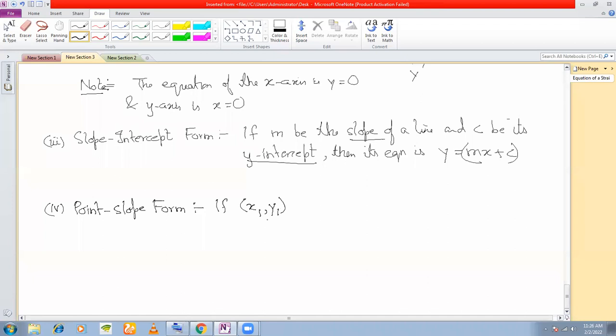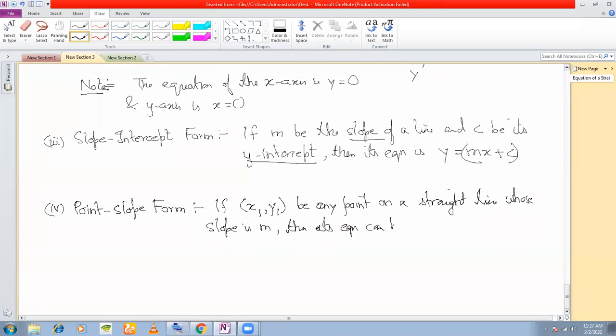If you know any point on the straight line, let's say x1 y1, and suppose you know the slope also, whose slope is m, then its equation can be written as y minus y1 is equal to m times x minus x1.